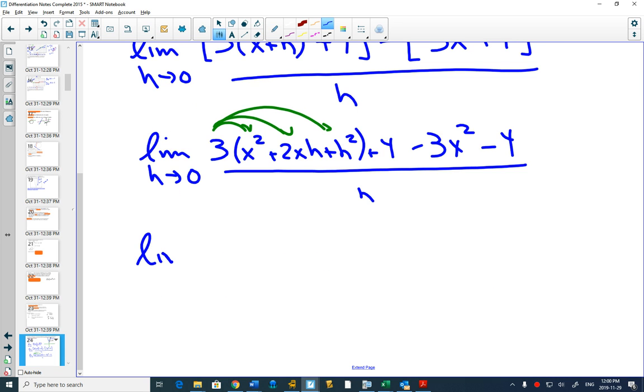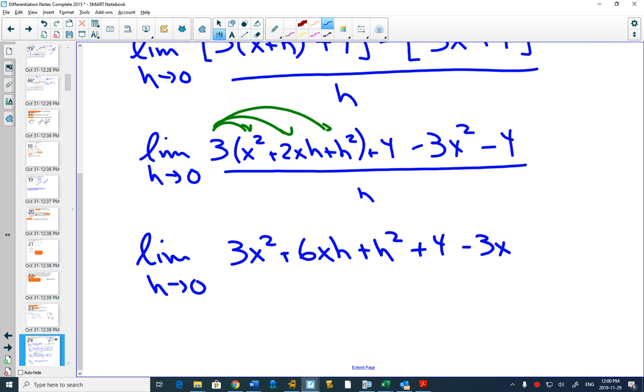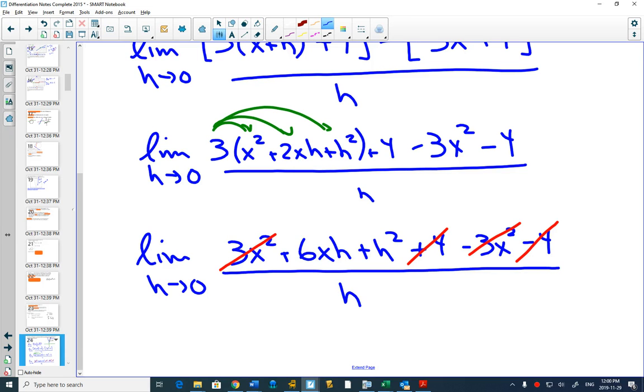So then I would have limit, as h goes to 0, of 3x squared plus 6xh plus 3h squared plus 4 minus 3x squared minus 4. Can you see that the minus 4 and the 4 would cancel out? Can you see that the 3x squared and the minus 3x squared would cancel out? This is still all over h.